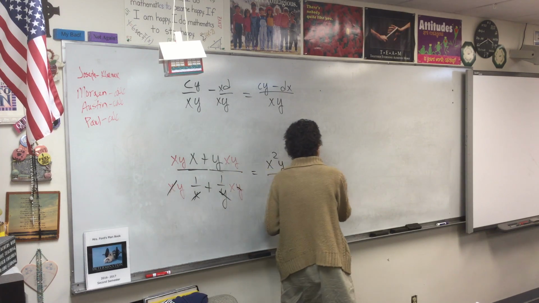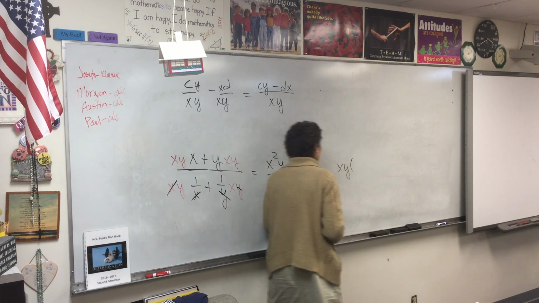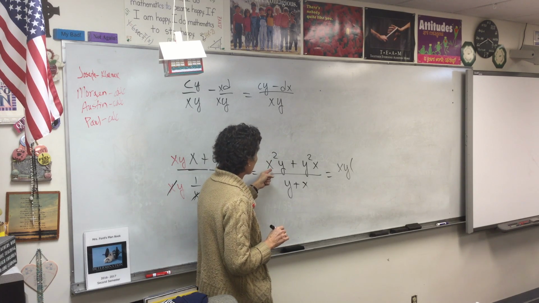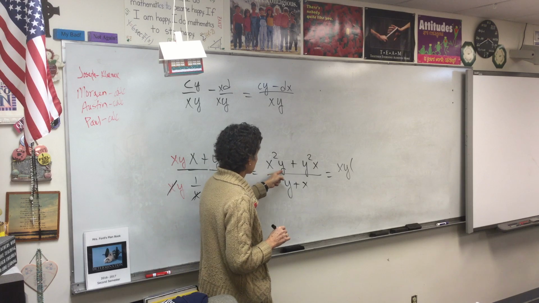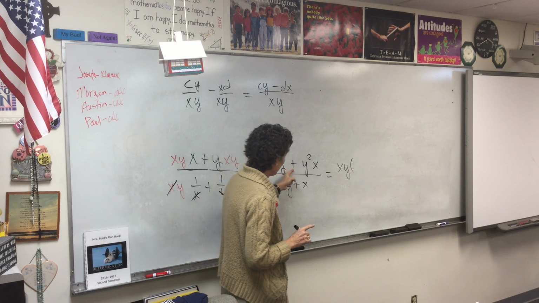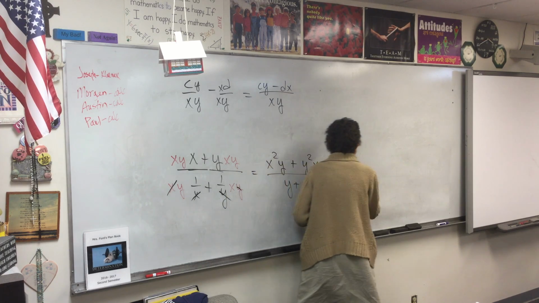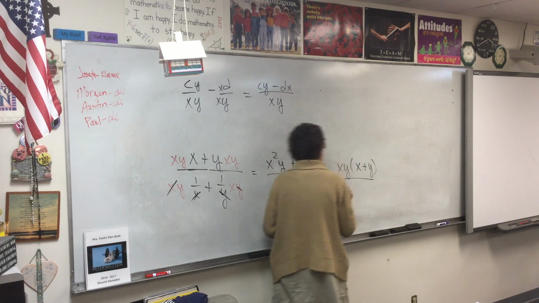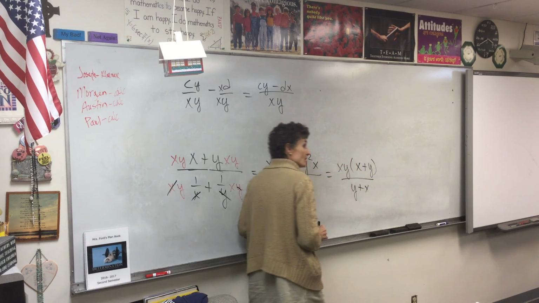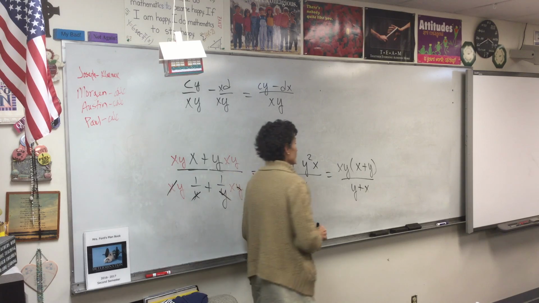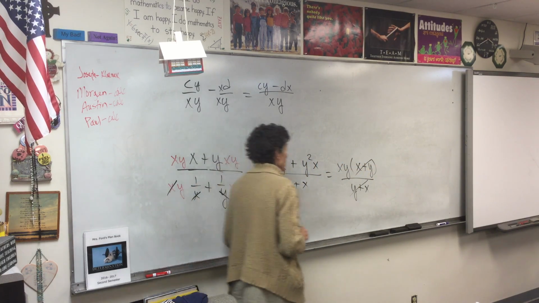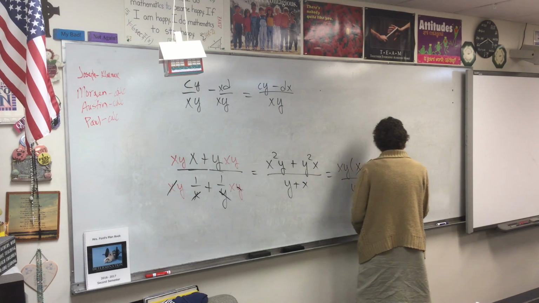So if I take out an x and a y, what would I be left with? All that's going to be left is an x plus a y. And lo and behold, what's on the bottom? x plus y. So what's going to happen? These are going to cancel, and our answer is just xy.